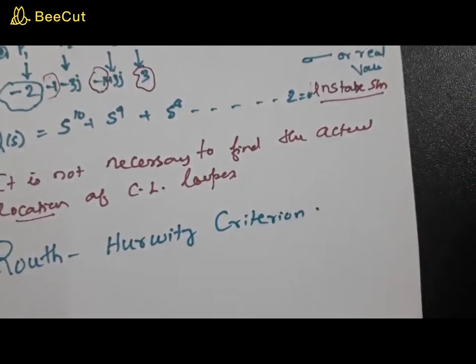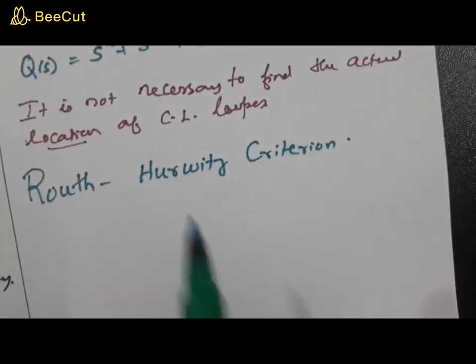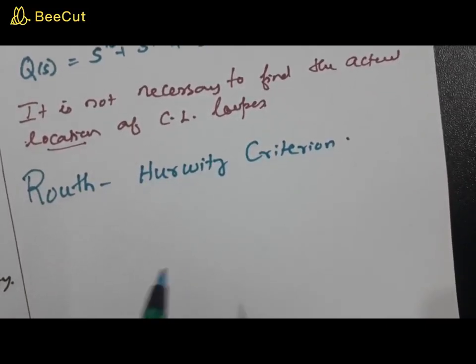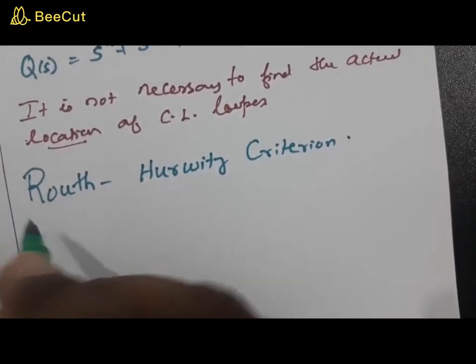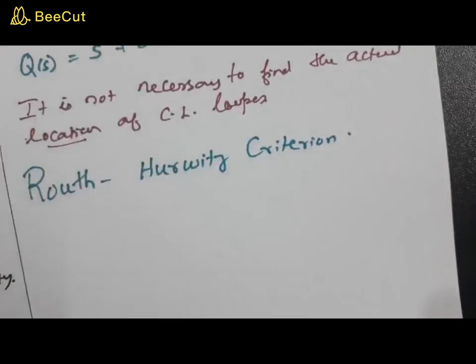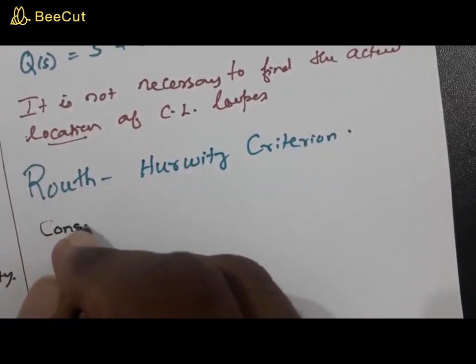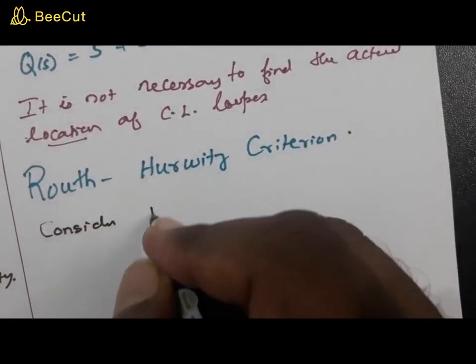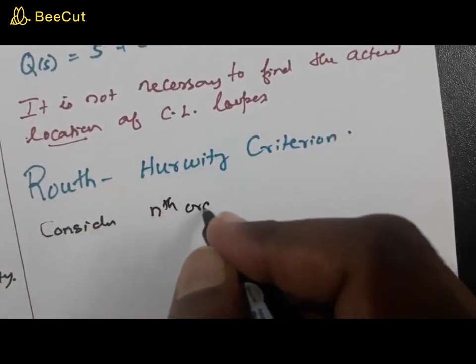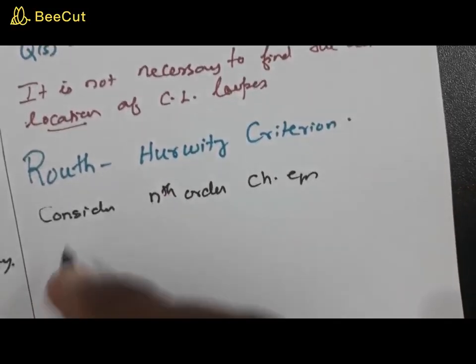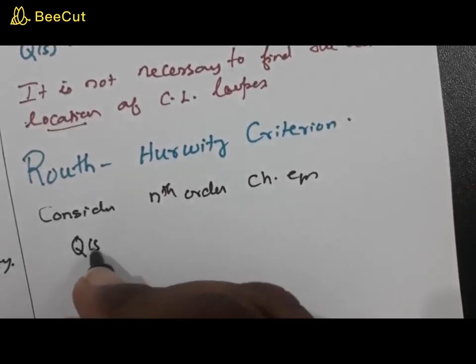Okay, now how to do this Routh-Hurwitz criterion. For this, I'm considering a polynomial. Consider an nth order characteristic equation. Let the characteristic equation be q of s.